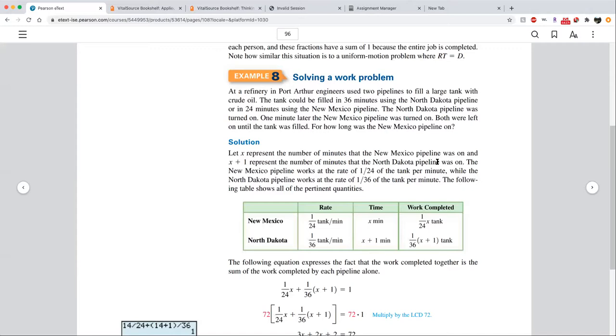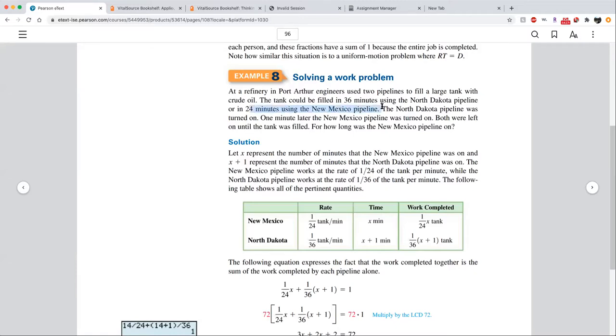So we need to figure out the time it took to fill the tank when both pipelines work together. Let's make a table, because we need to figure out the rate, time, and then work completed for each pipeline. For New Mexico, the problem says 24 minutes using the New Mexico pipeline.